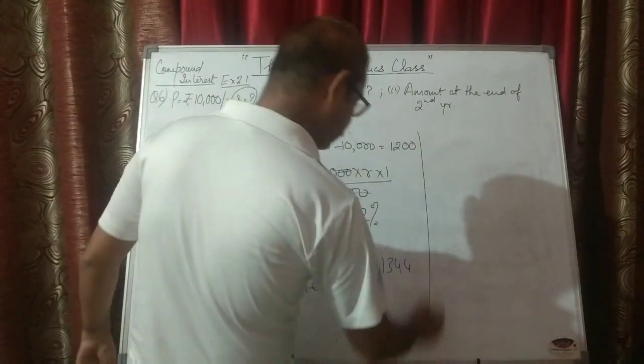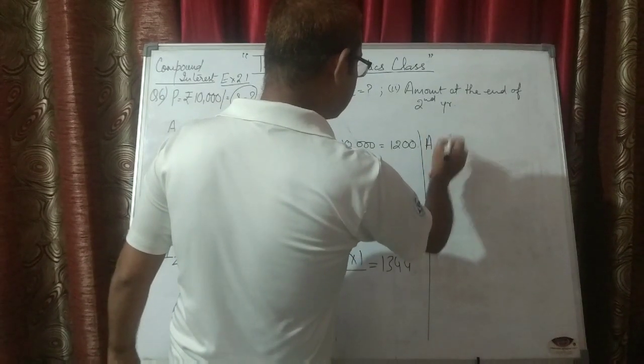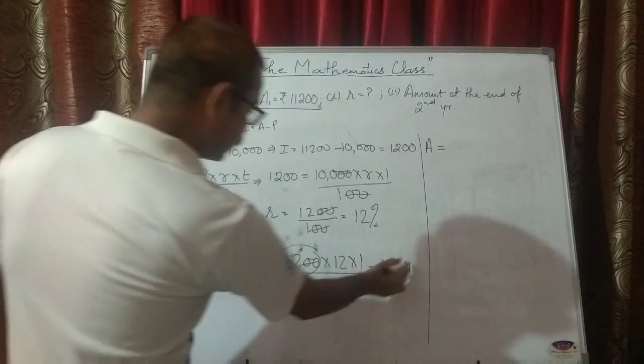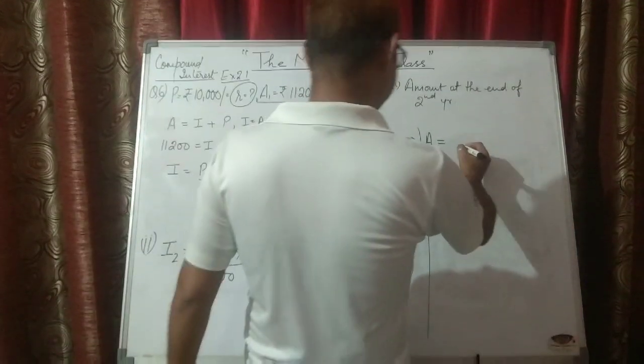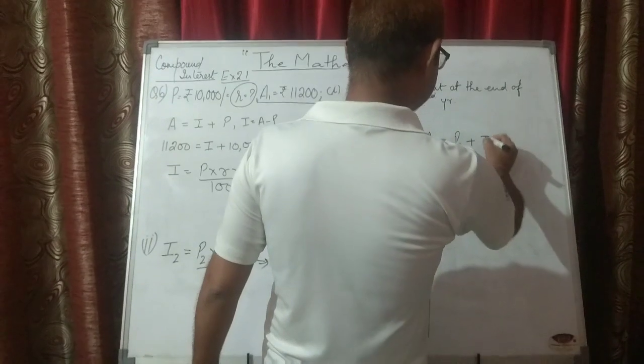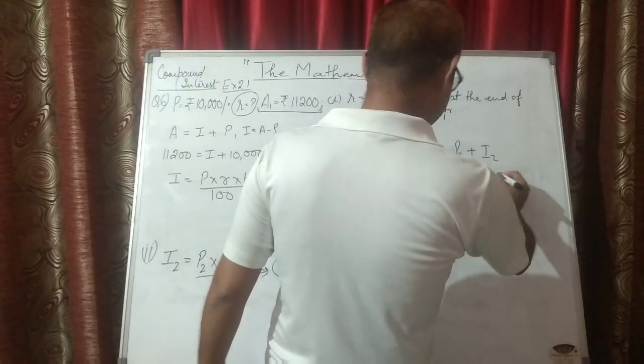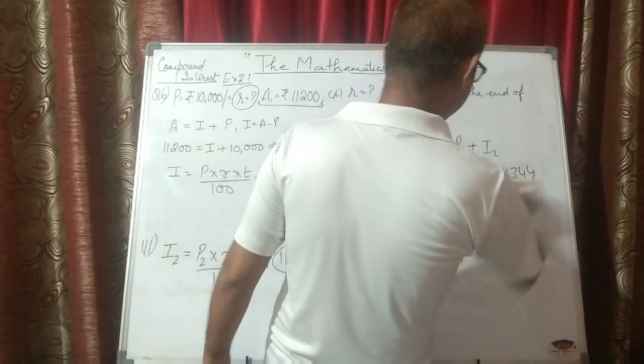So the amount will be this principal plus this interest, that is P2 plus I2. So that will be 11,200 plus 1344.